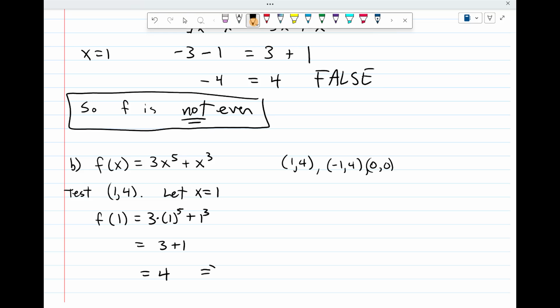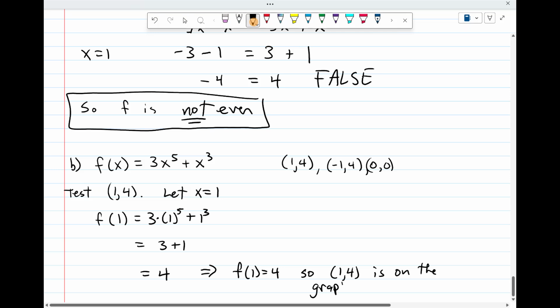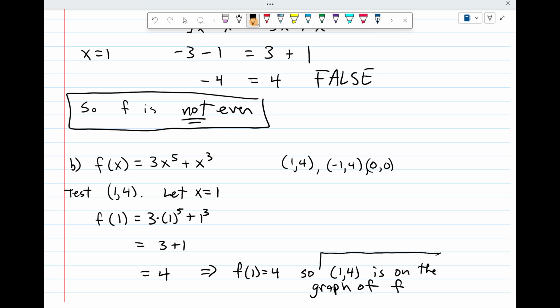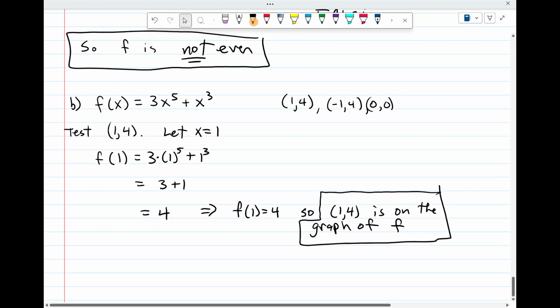And this implies that f of 1 equals 4, so 1, 4 is on the graph of f. All right, so we know that is on the graph.